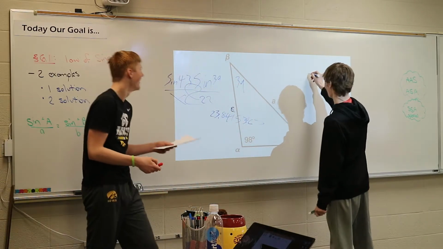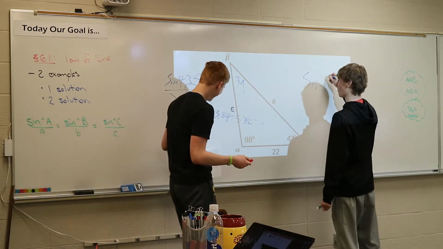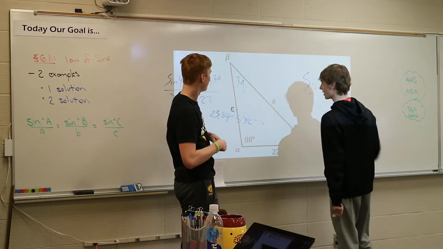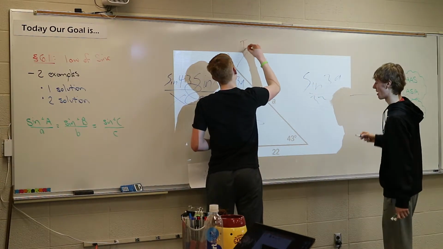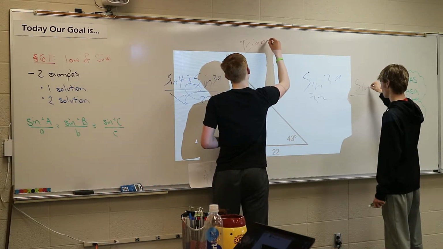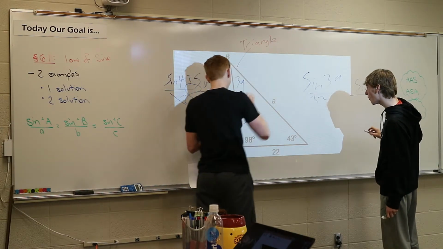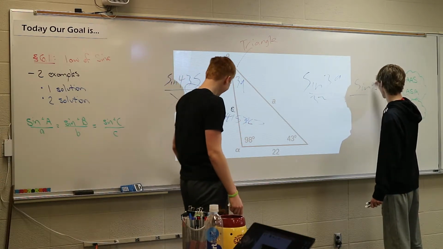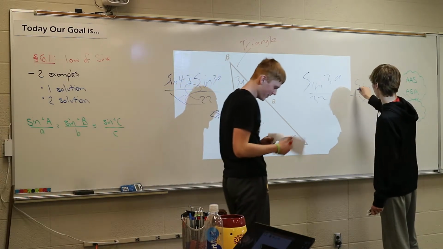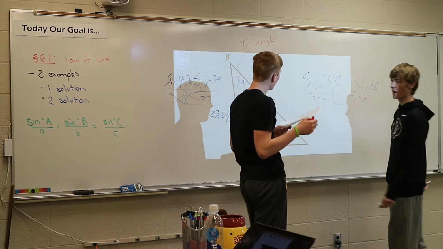Now we have the sine of 39 over 22. Then we have the sine of 98 over x. Then we're going to do the fish method and draw it.